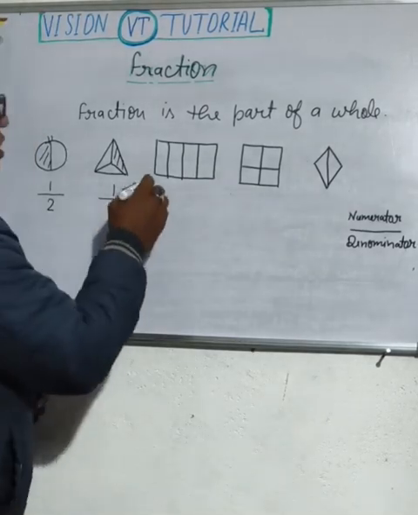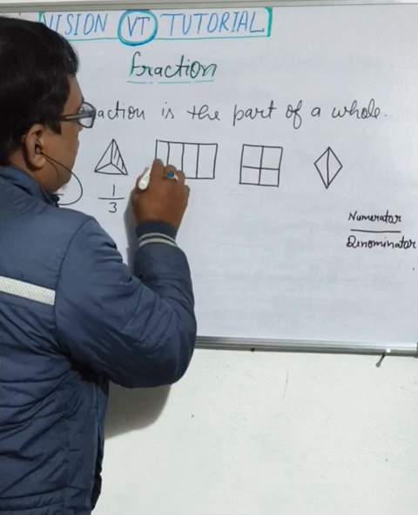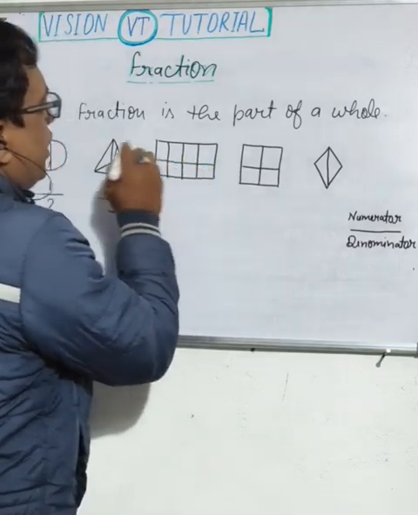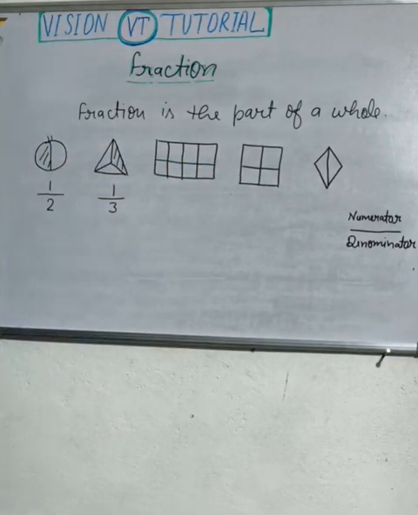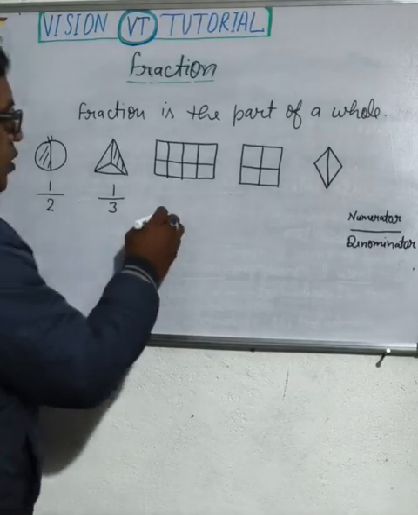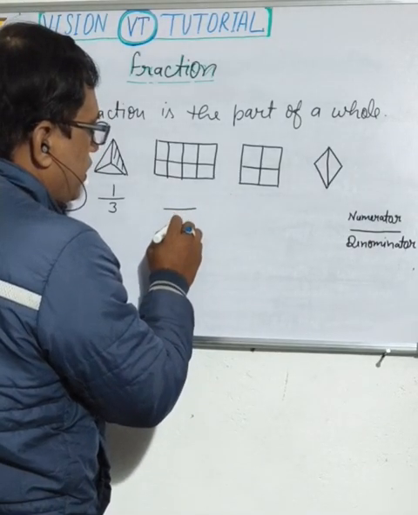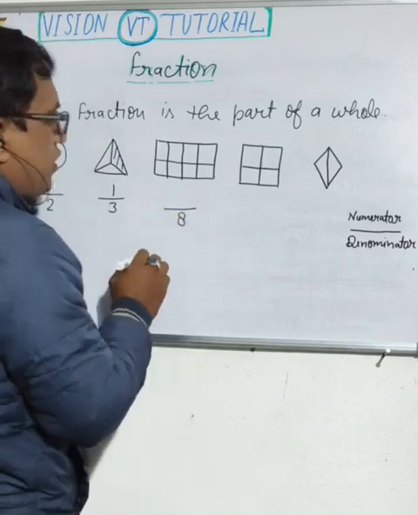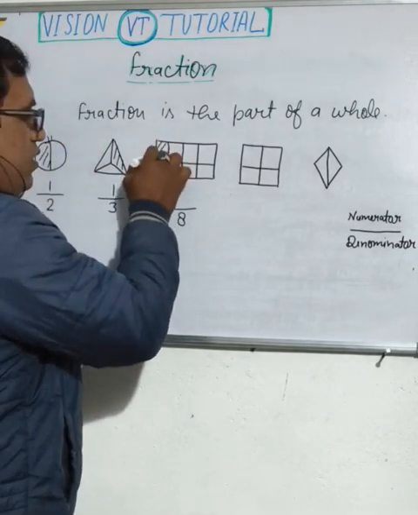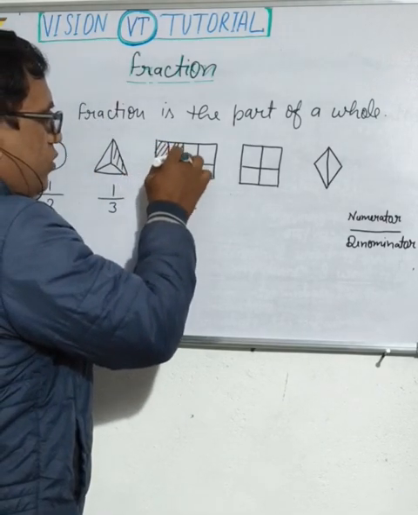Okay. Here I have made 8 parts, 8 equal parts. And so the number of parts will be known as the denominator, 8. Suppose I have taken 3 parts out of 8.